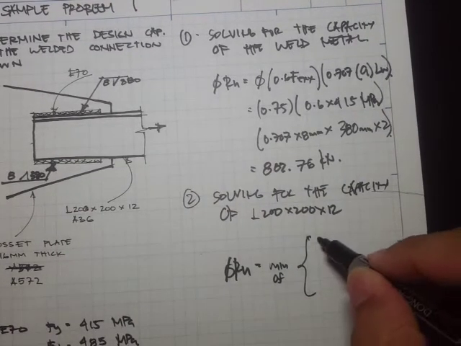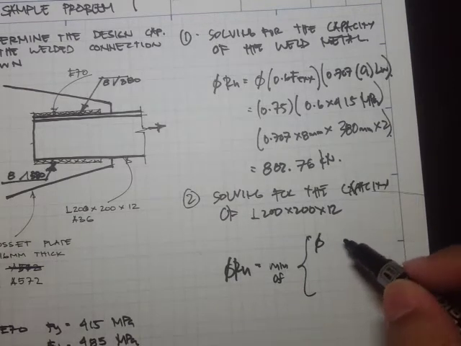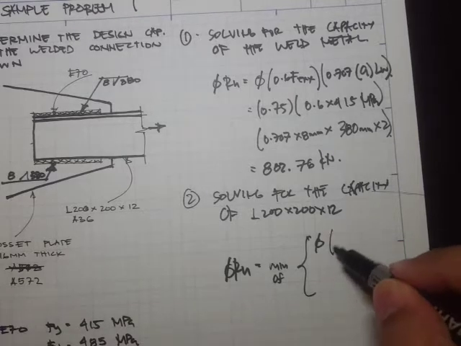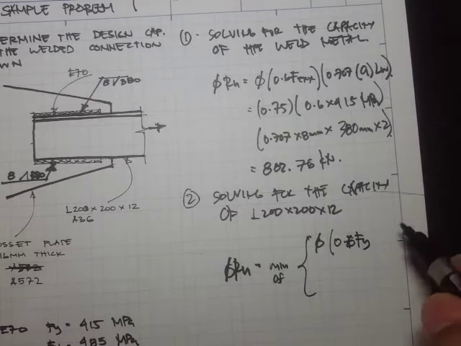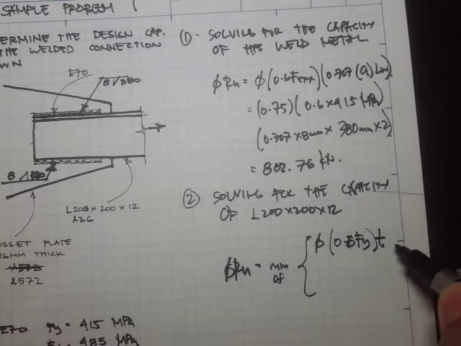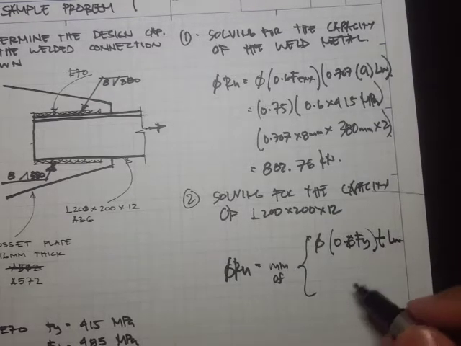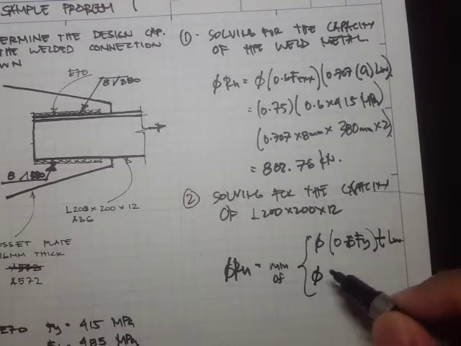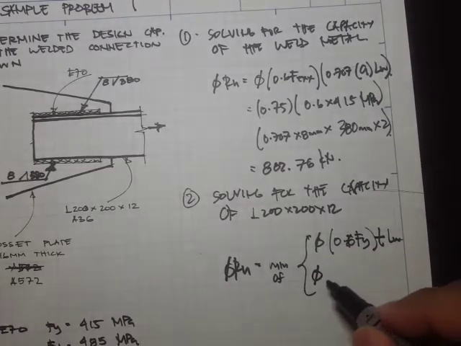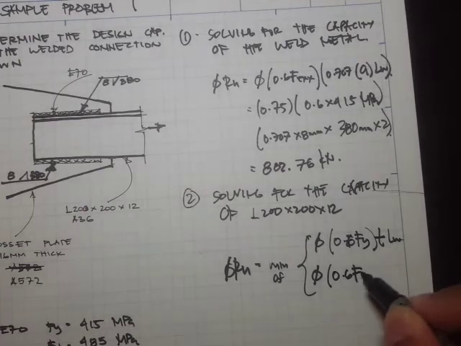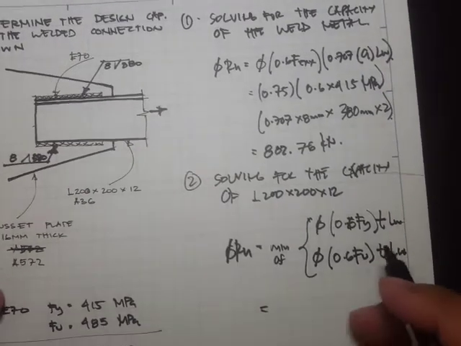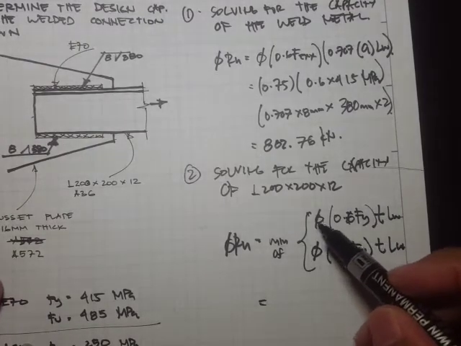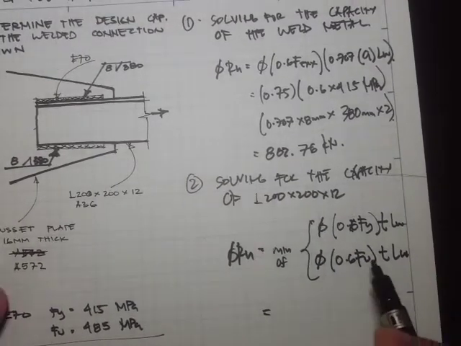Here we have a reduction factor times the shear strength, 0.6 Fy, times the thickness times the weld length. And for the other condition, reduction factor times 0.6 Fu, times the thickness times the weld length. For this one the reduction factor is 1.0, and here it is 0.75.